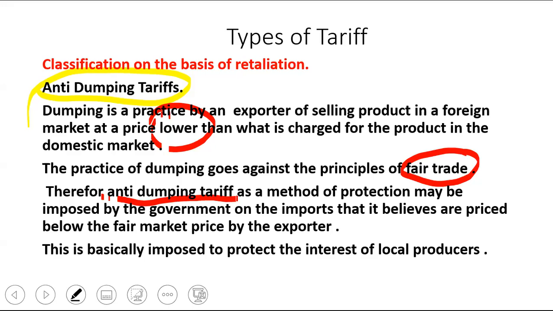So, point number 1, dumping is a practice by which developed nations try to dump their product in the developing country at a cheaper rate. This will increase their market in the developing countries. Right. So what does the government do?